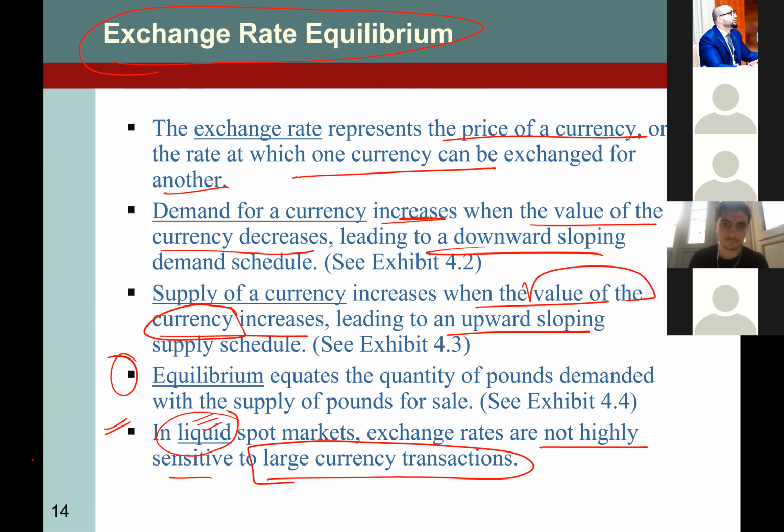It means the competition is high in that market, or many people are there who want to buy and sell. So that's why we call this liquid. So in a liquid market, large currency transactions do not affect the exchange rate. For example, a big order comes into the market, buying $1 million.